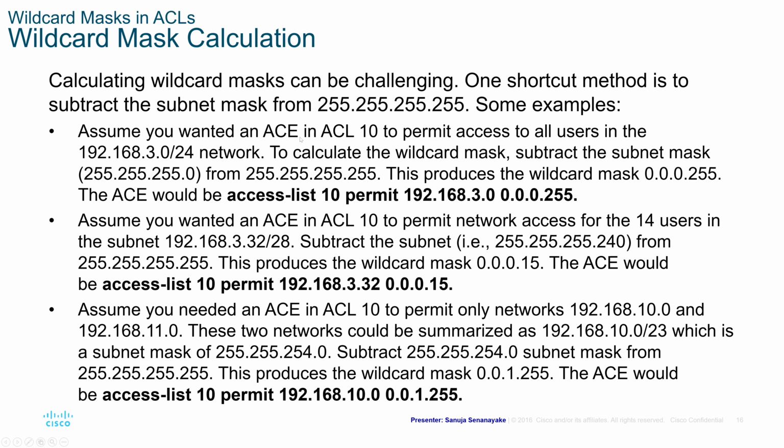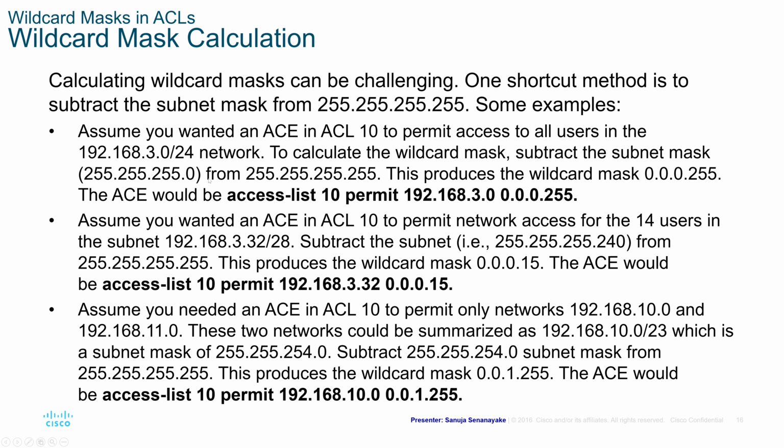Assuming you want an access control entry in the access control list number 10 to permit access to all users in the 192.168.3.0/24 network. So how do you calculate that? To calculate the wildcard mask, you subtract the subnet mask, which is 255.255.255.0, from 255.255.255.255. This would produce the wildcard mask of 0.0.0.255.